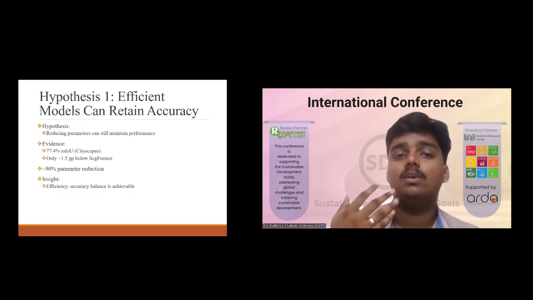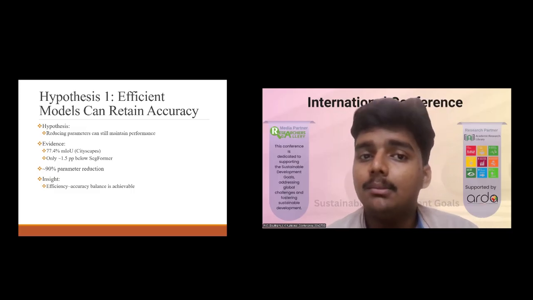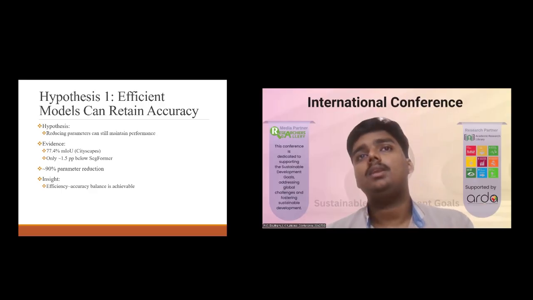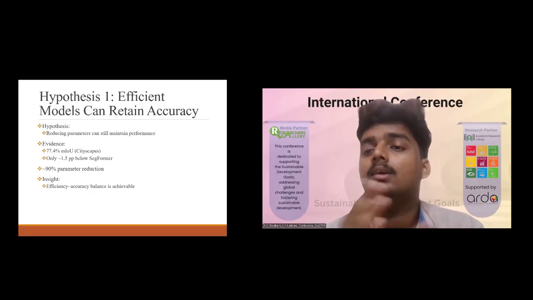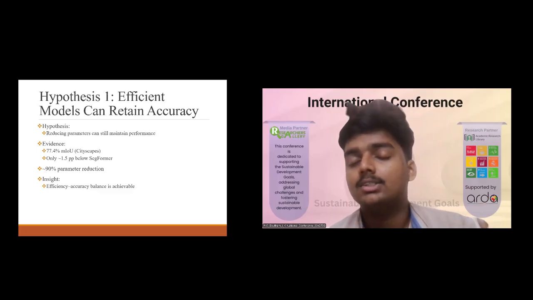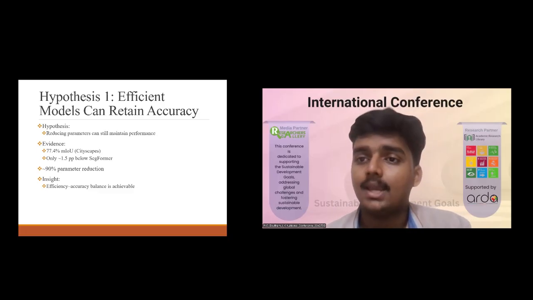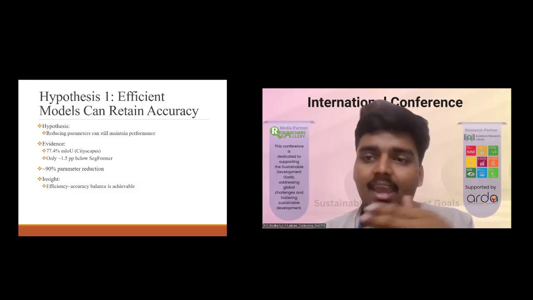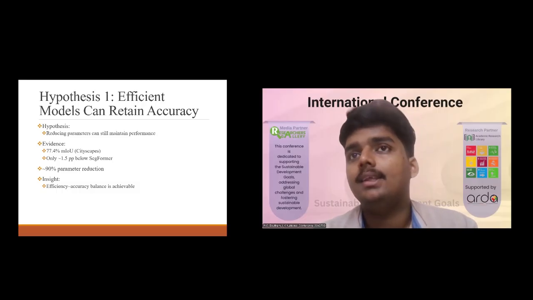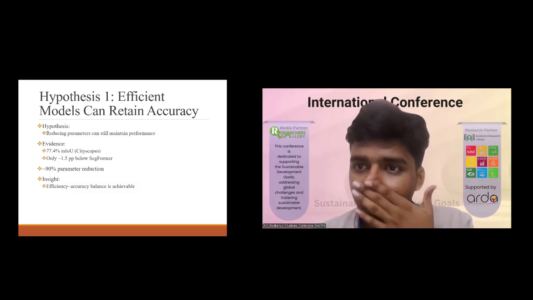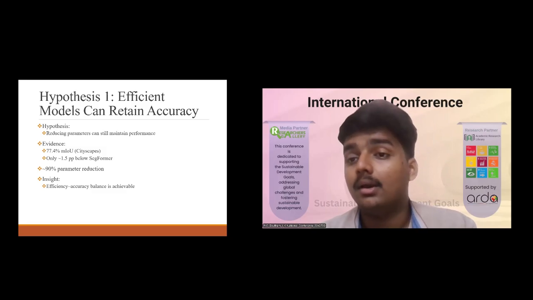The first hypothesis we would like to discuss is that efficient models can retain accuracy. One of the state-of-the-art models is SegFormer or SegFormer++. It brings in an mIoU of 82.8 percent in the real world.